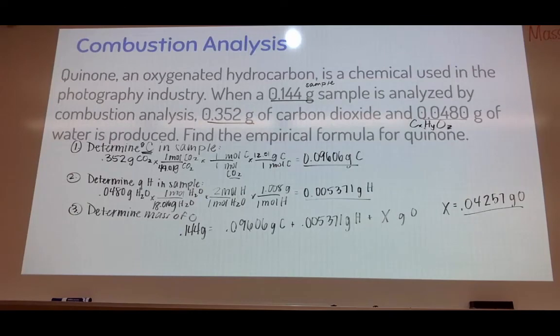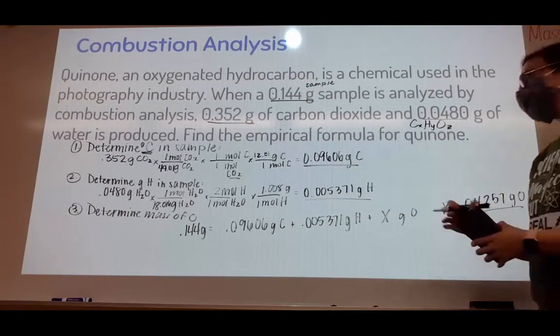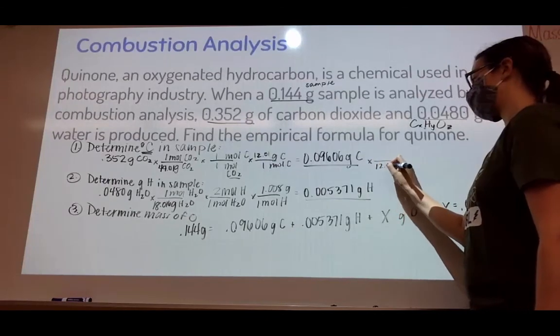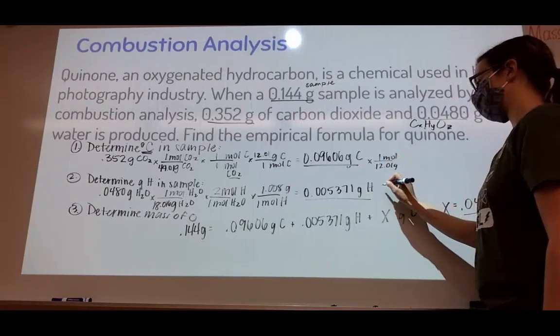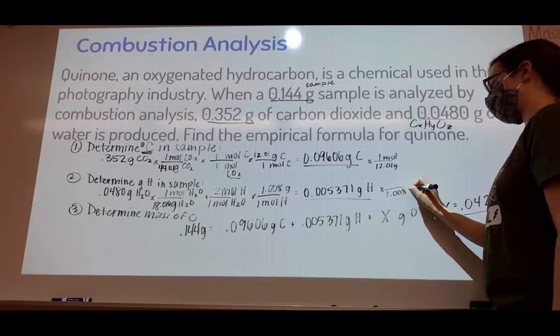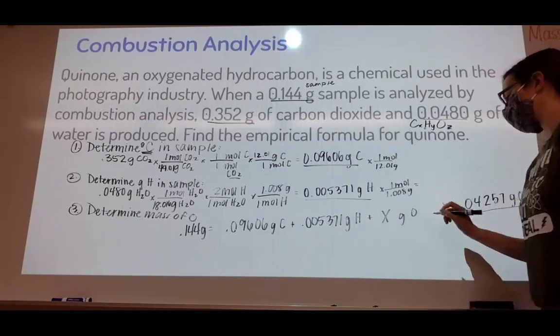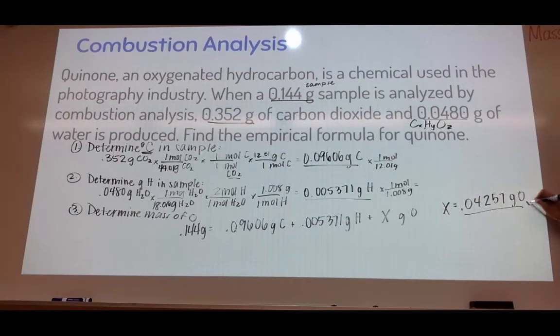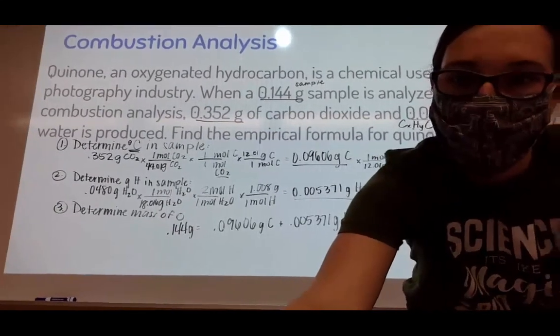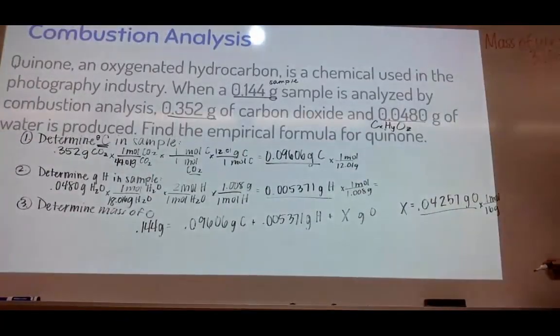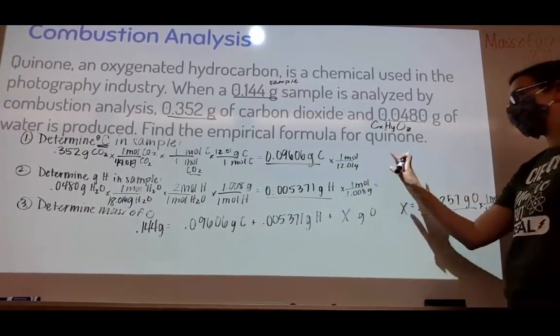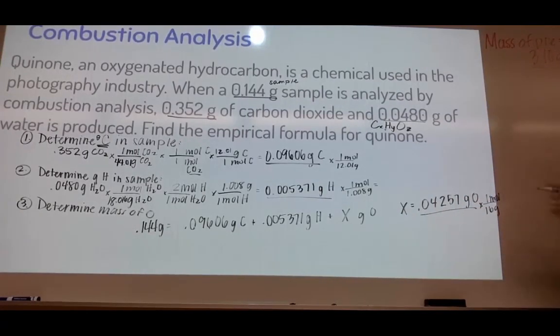So now we have all of our grams of our elements. So now we can go grams to moles, divided by the smallest. All right, so I could take this 12.01, 1.008, and 16 in 1 mole. And then you can find the moles and divide by the smallest one.